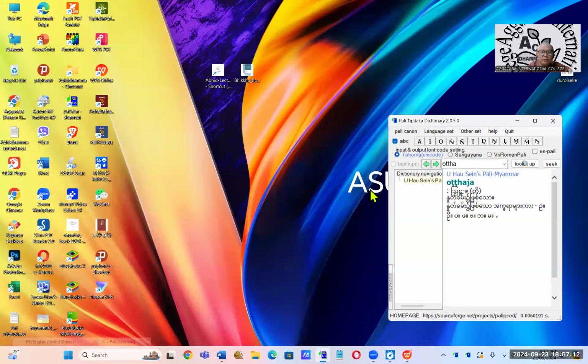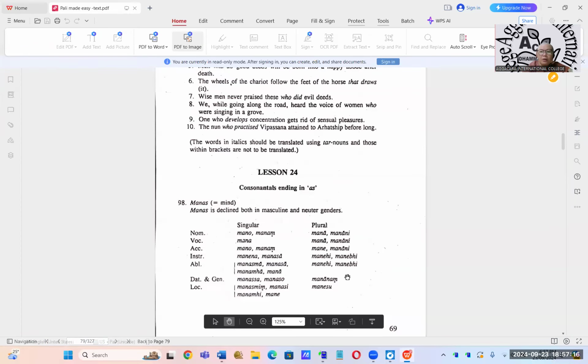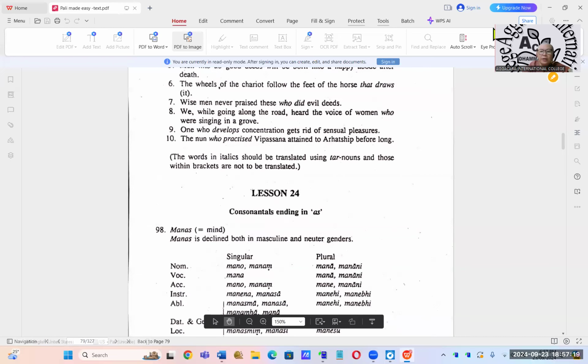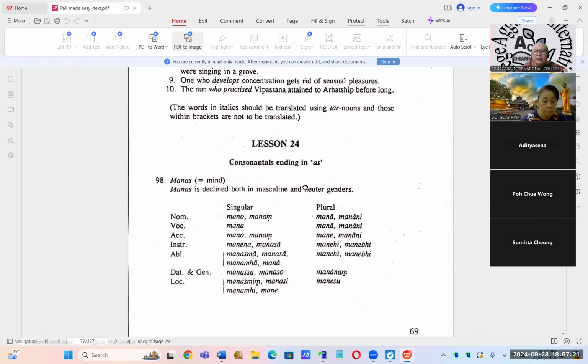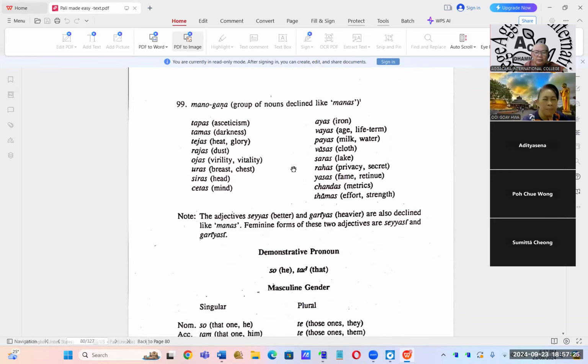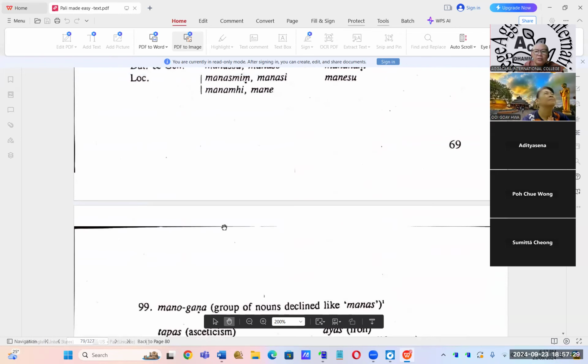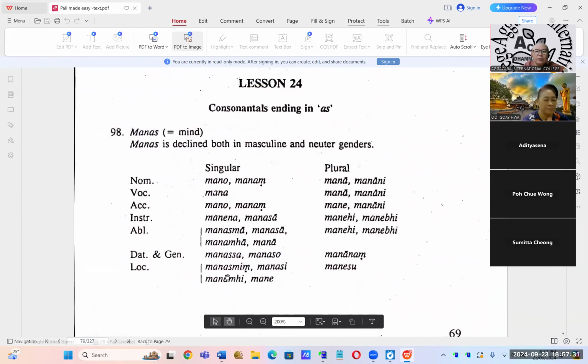I close this one. Okay, you can turn on your video and you can just close your eyes and recite. Which one will you recite? Tapas. Okay, so she will recite according to this consonantal ending, manas group. Yes, you can start now.